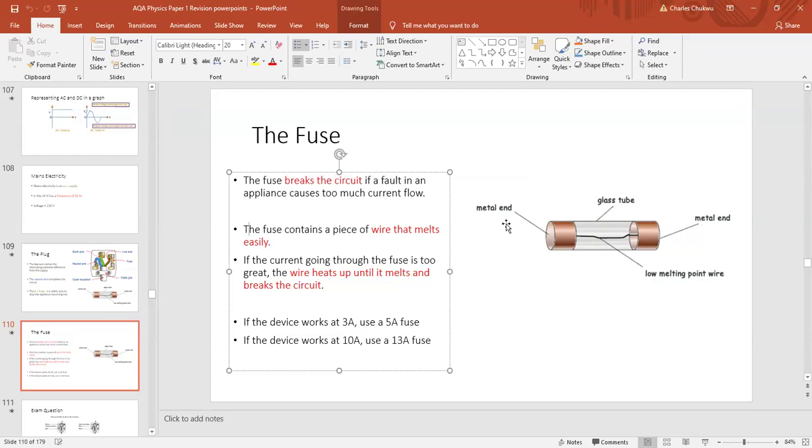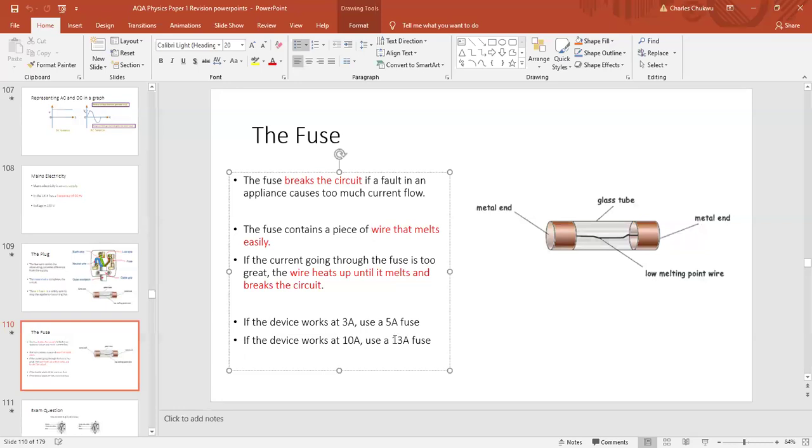And so the wire in a fuse is a light wire that melts easily, like you can see here. And if the current is too high, you know, current usually heats up metal, right? So it will heat it up faster than it could take it, and then it would melt it and break the circuit. If the device works at 3 amps, a 5 amp fuse is used.